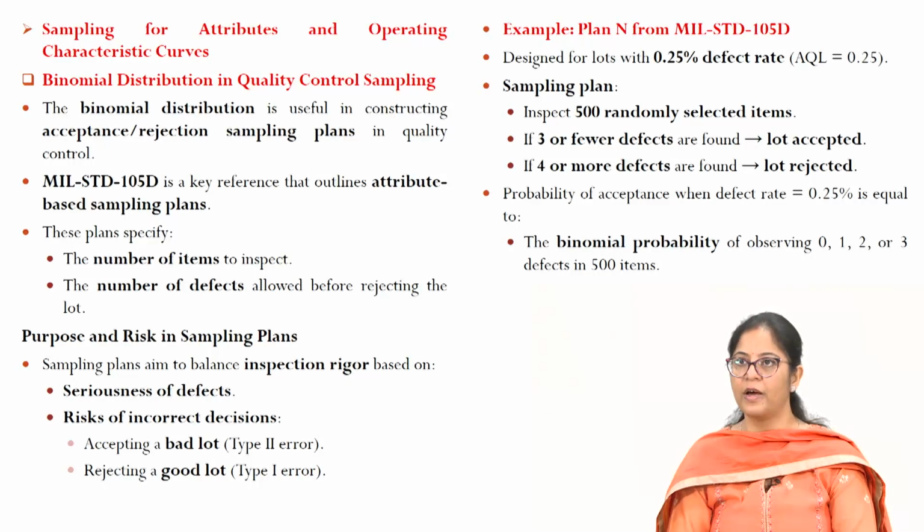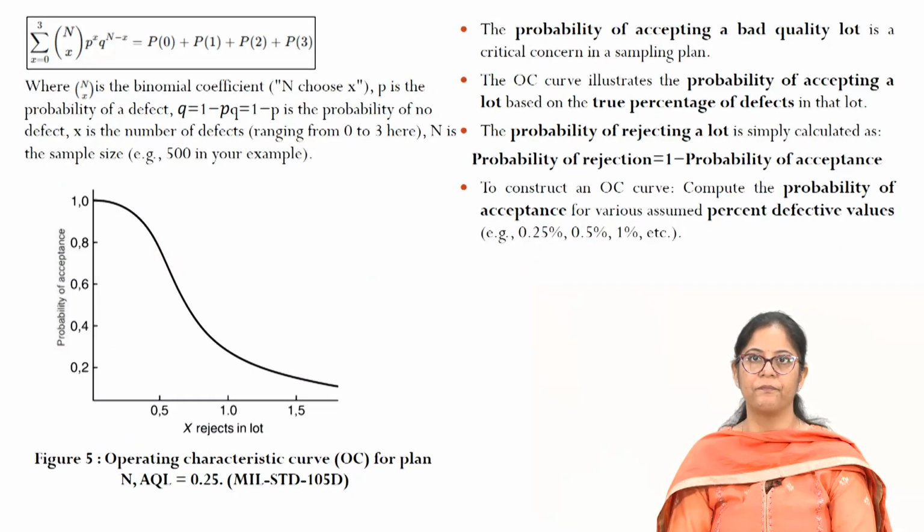The probability of acceptance when the defect rate is 0.25% is equal to the binomial probability of observing 0, 1, 2 or 3 defects in 500 items. So, this is how the binomial distribution curve is, and the operating characteristic curve for the plan. The probability of accepting a bad quality lot is a critical concern in a sampling plan.